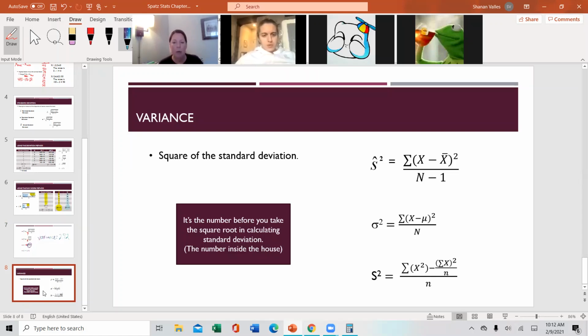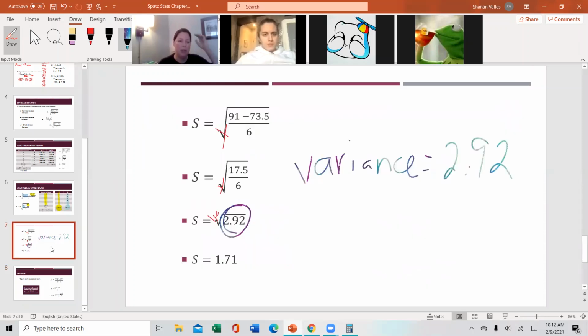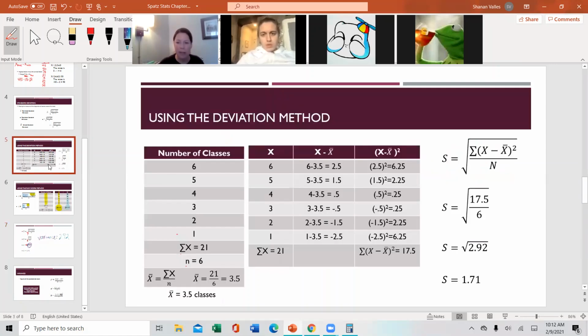Now, if you're wondering why you would do one or the other, the reason we take the square root in standard deviation is that we are undoing the squares that we did at the very beginning of the problem. Remember way back here, I said this would just be 0. So we had to square them so we could get those absolute differences from the mean.